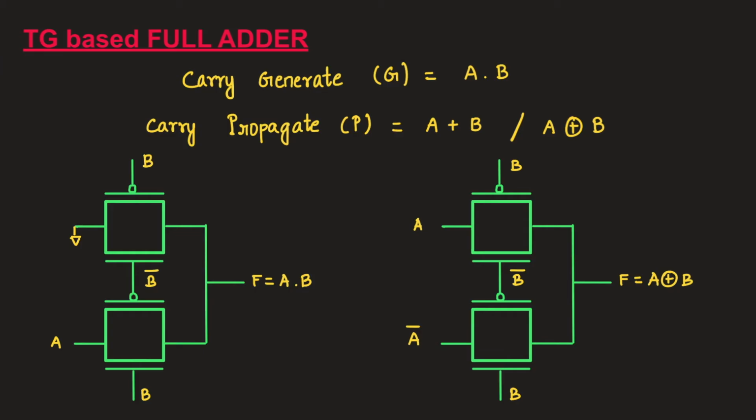Similarly, carry propagate function is defined using OR or XOR function. When any one of the input bits is 1, and if there is an incoming carry from the previous stage, definitely the carry is said to be propagated. In such a case, we denote the carry propagate signal in terms of OR or XOR function.